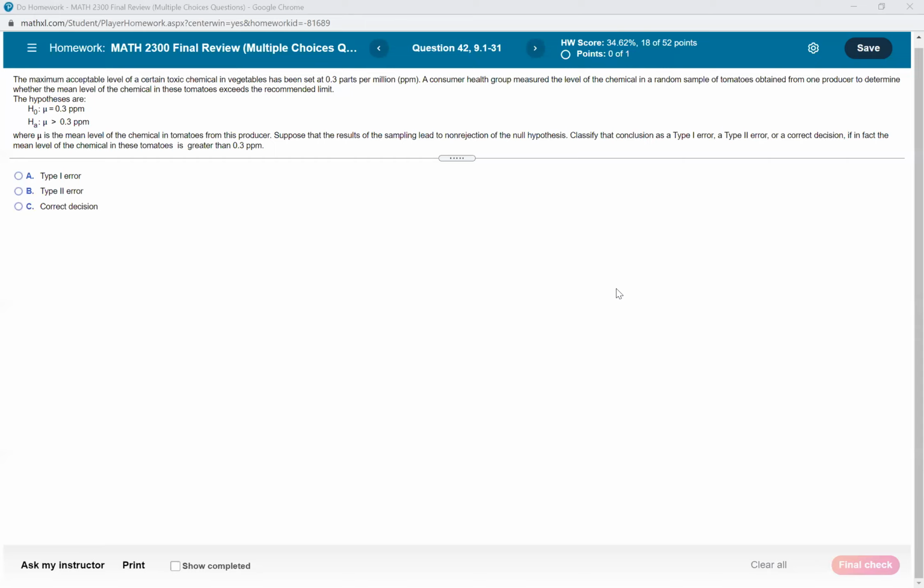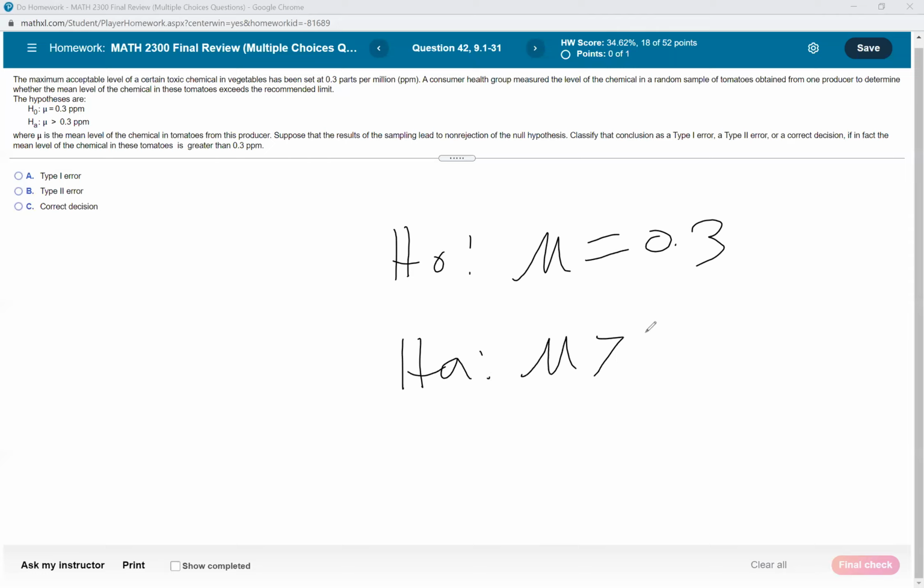So the hypothesis is: the null is mu equals 0.3, which is the recommended limit, and the alternative is mu greater than 0.3 ppm. Okay, so this is our hypothesis.